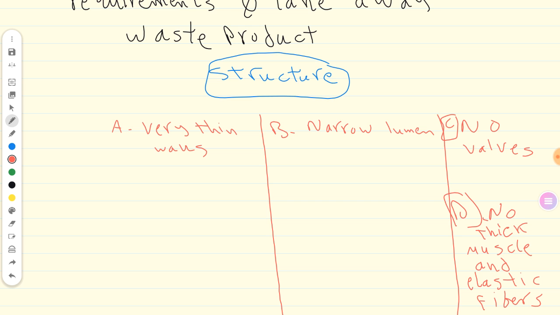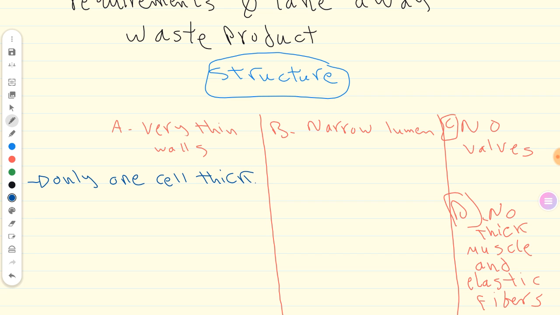So why do blood capillaries have very thin walls? You must know that there is only one cell thick.